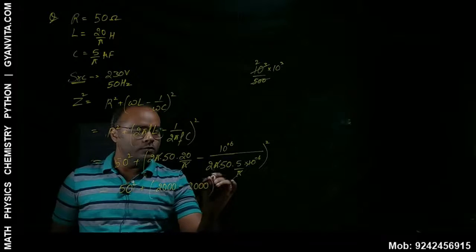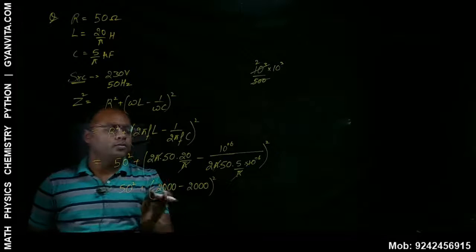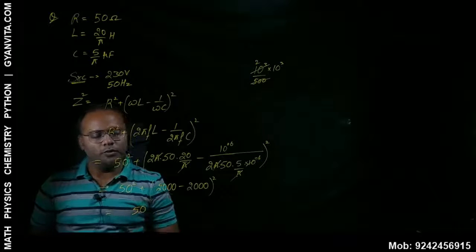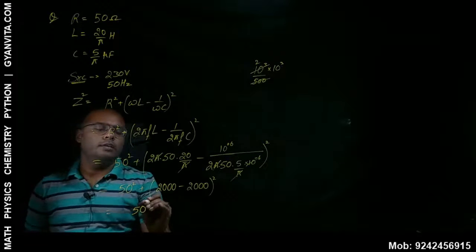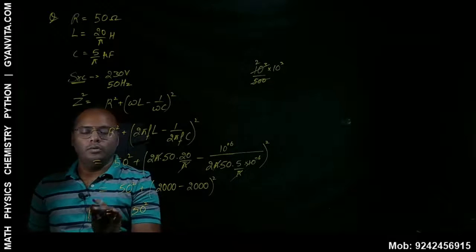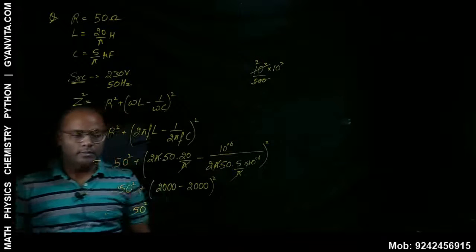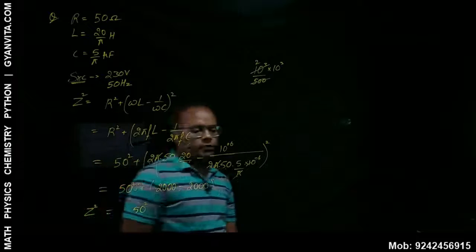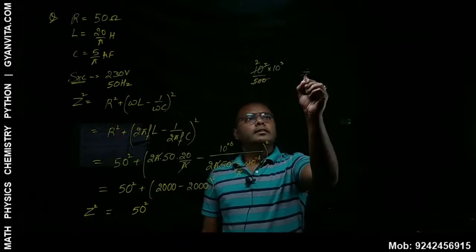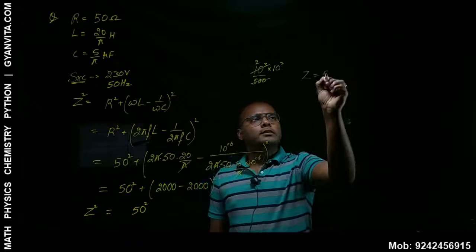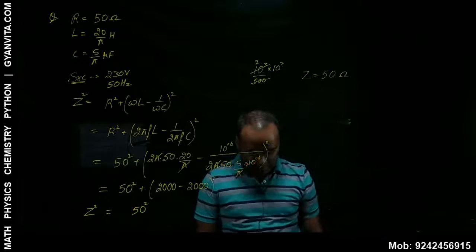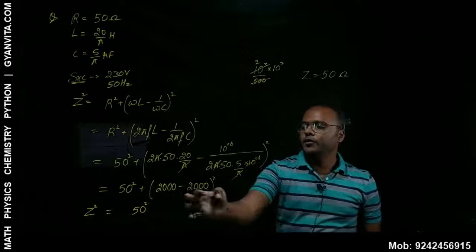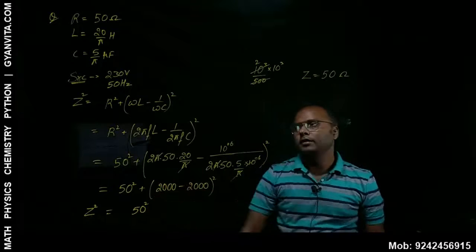So 2000 minus 2000 is 0. So this is equal to 50 square. Your Z square is equal to 50 square, or Z in this case is equal to 50 ohms itself, because XL and XC are the same, both 2000.